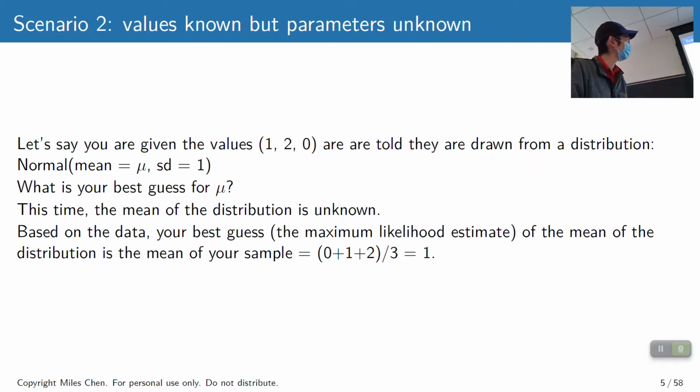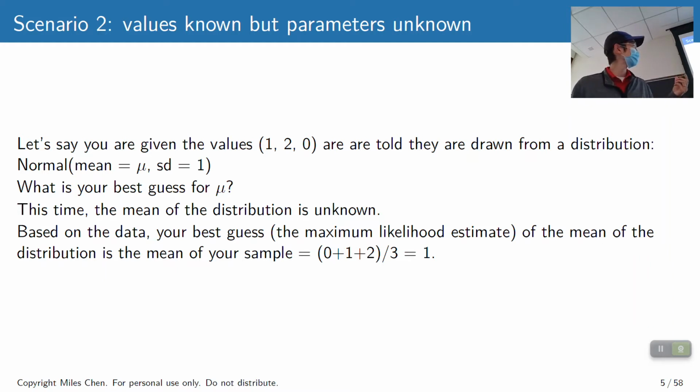In this situation, the values are known, but the parameter is unknown. Let's say we're given the values 1, 2, 0, and you are told that they're drawn from some distribution where the mean is some unknown value mu, and standard deviation 1. And in this case, what is your best guess for mu?